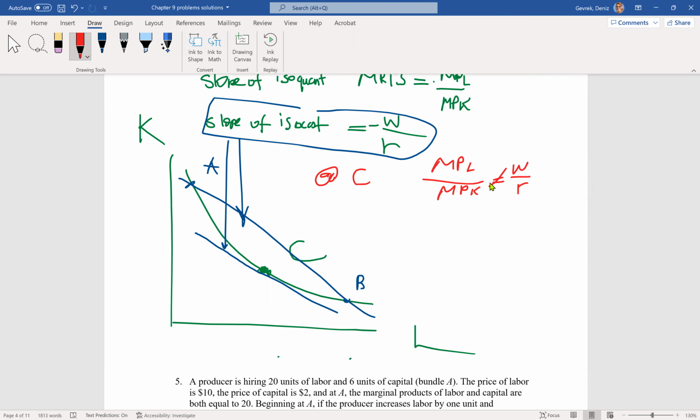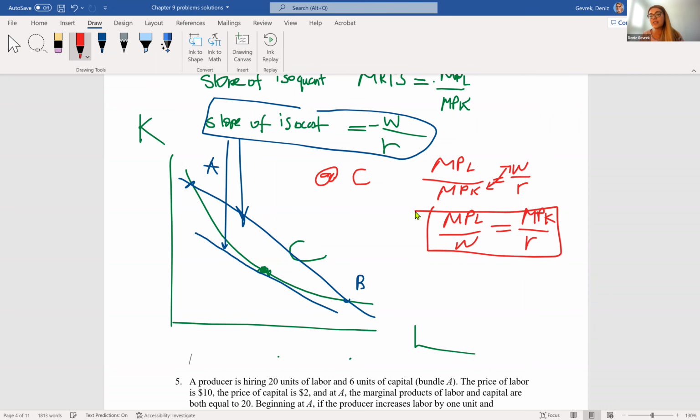We're going to exchange the places of these two. I'm going to move wage to the denominator on the left-hand side, and move marginal product of capital to the numerator of the right-hand side. You can do that in an equality. So at point C, marginal product of labor divided by wage rate is equal to marginal product of capital divided by rental rate. The most important thing is to know the translation of this to English.